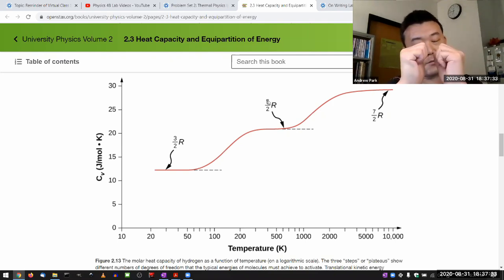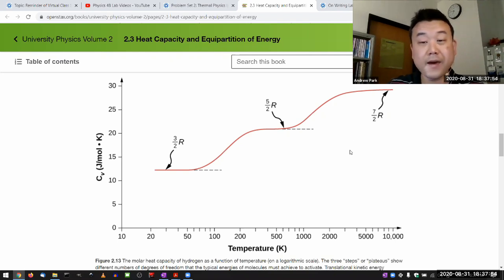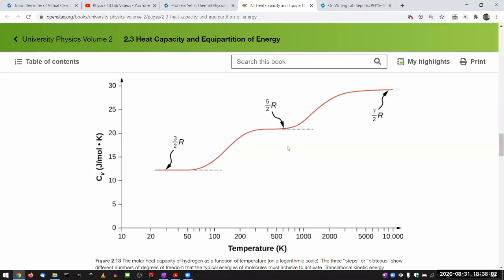Now, with the diatomic molecules, there are actually 2 more degrees of freedom that have to do with the vibration. Those come from the vibrational kinetic energy and potential energy, and that's where this 7.5 comes from at very high temperatures. We won't really ever consider those temperatures, so we'll just stay down here at 5.5.